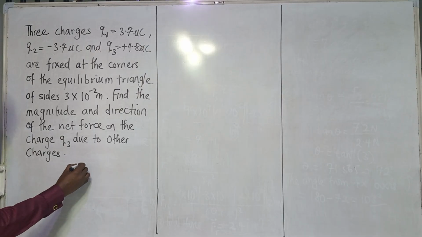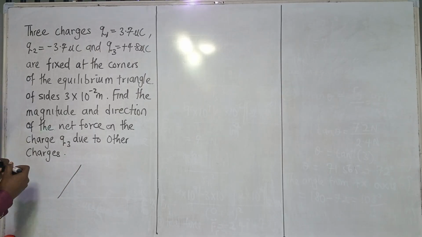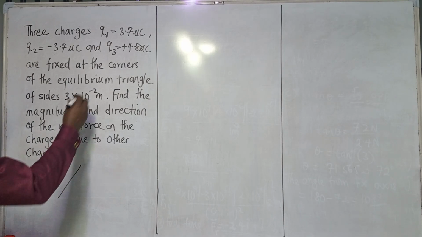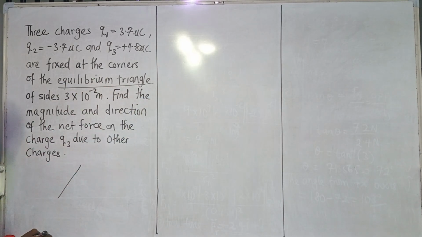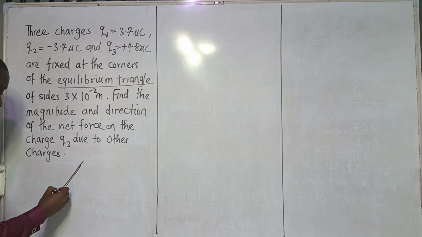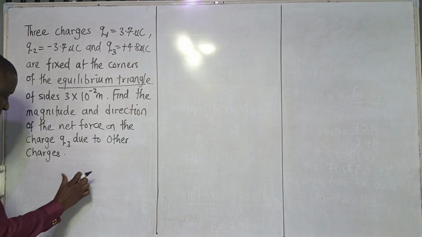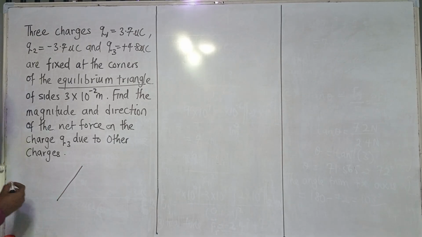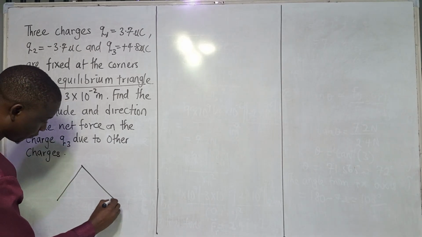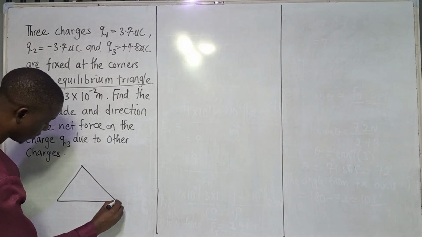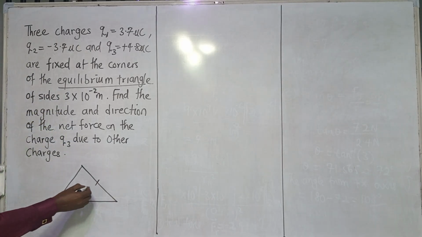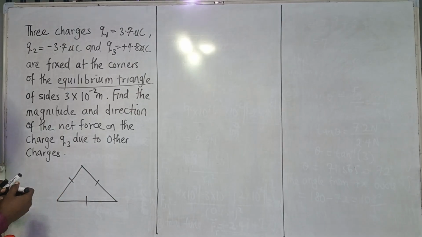First of all, I will advise us to draw our equilateral triangle because the question has to do with an equilateral triangle. We know from basic mathematics that when you draw an equilateral triangle, all sides are equal. This side is equal to this and equal to this.